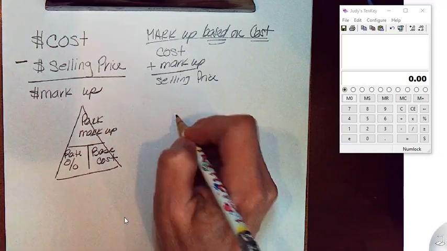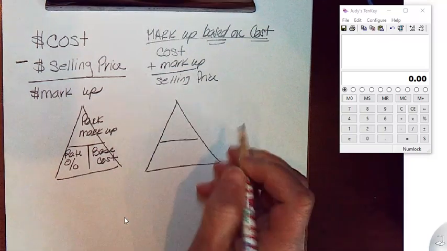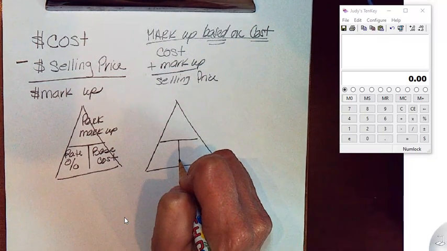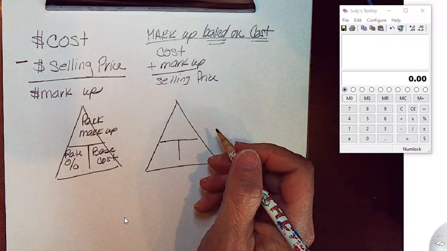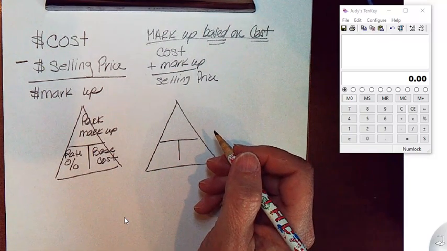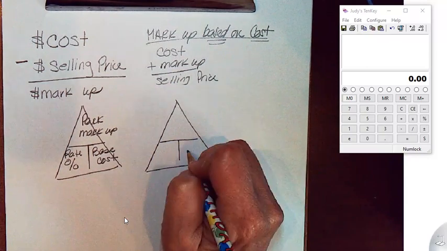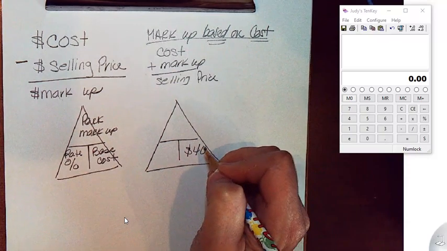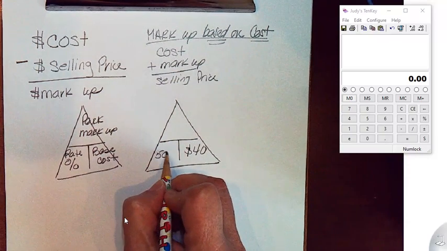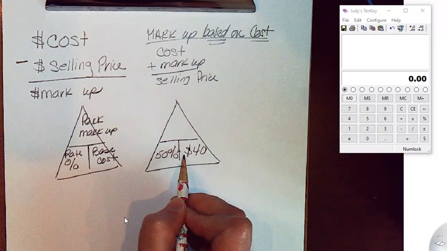So if I know that my cost is, finding a problem here, if my cost is $40 and I know that my markup rate is 50%, if they're side by side, you're going to multiply.